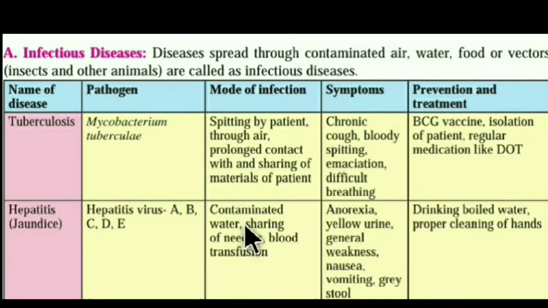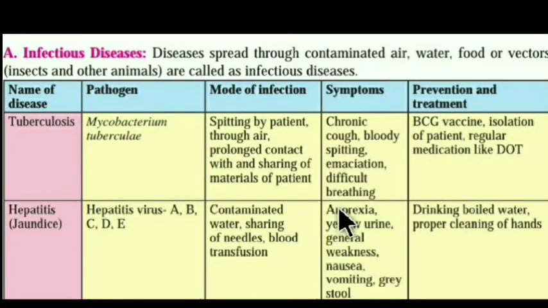Then the mode of infection: contaminated water, sharing of needles, and blood transfusion. If there is a transfer of blood for any reason, there is also a possibility of hepatitis.